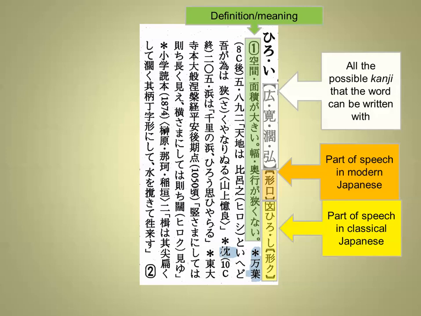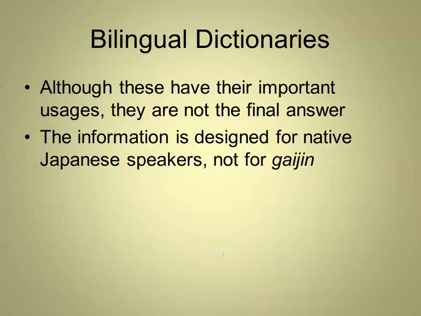That's what the pillow, the makura there, means. When you become really familiar with classical Japanese literature, these abbreviations make perfect sense. But if you saw that and you didn't know what it was, you can always go to the beginning of the dictionary, and there's an annotation page that tells you what the abbreviations are. Okay, so that's what we would expect to find in a modern Kokugo Jiten.